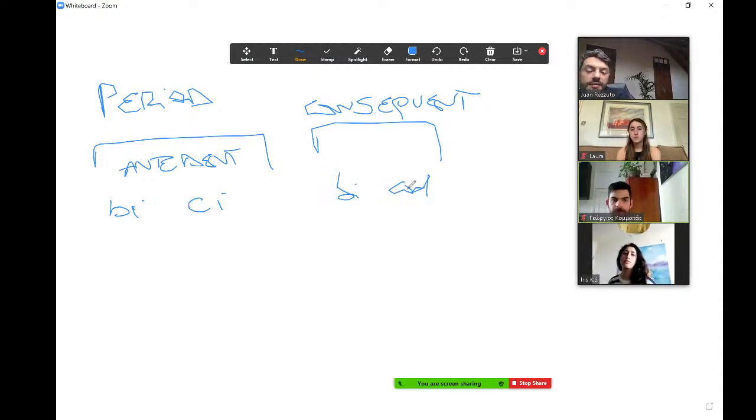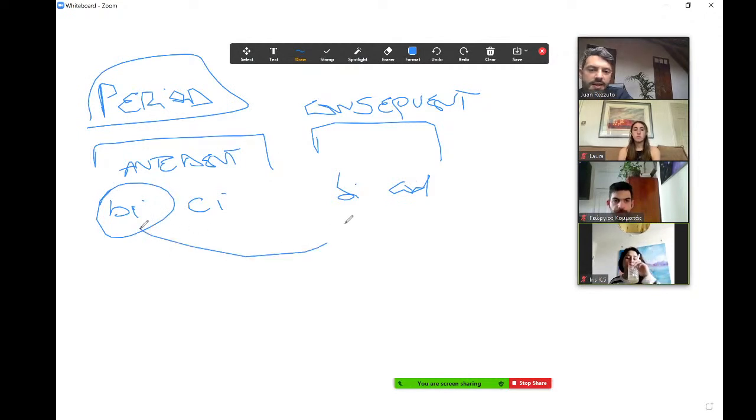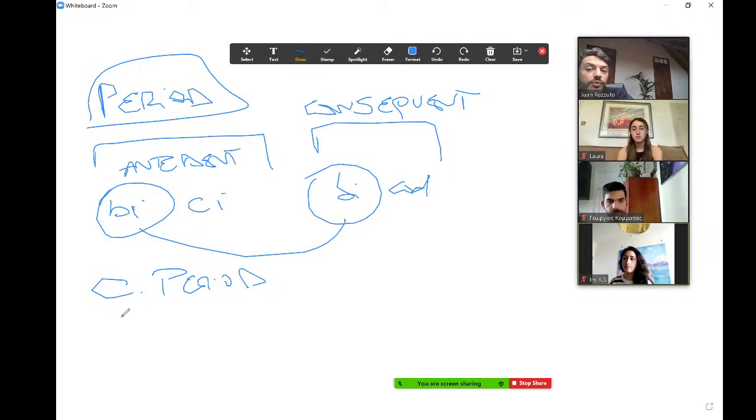And basically, the whole idea behind a period is that you have a basic idea that comes twice, right? Just to leave it very simple, yeah? Evidently a compound period has to respond to the same nature, right? So basically, how many times do we have the basic idea in the antecedent? One. And in the consequent, one. Well, so in the compound period, we will have the same.